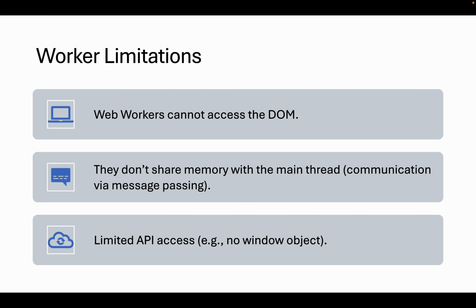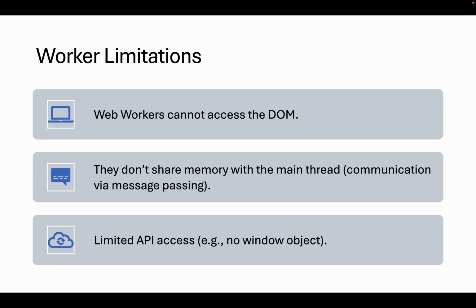Now, worker limitations. There are certain limitations that come with workers. One of the major limitations is they don't have access to the DOM elements. They don't share memory with the main thread, so communication is only via message passing, which you have seen.